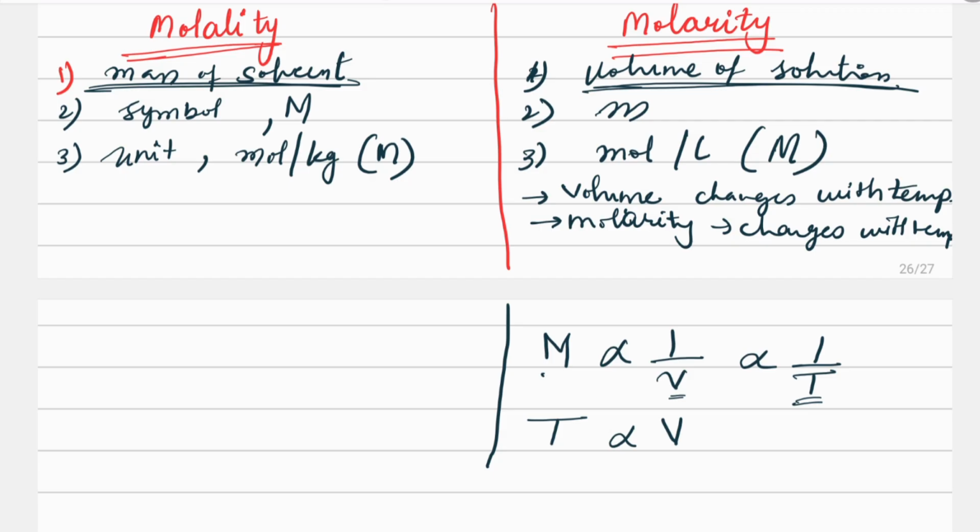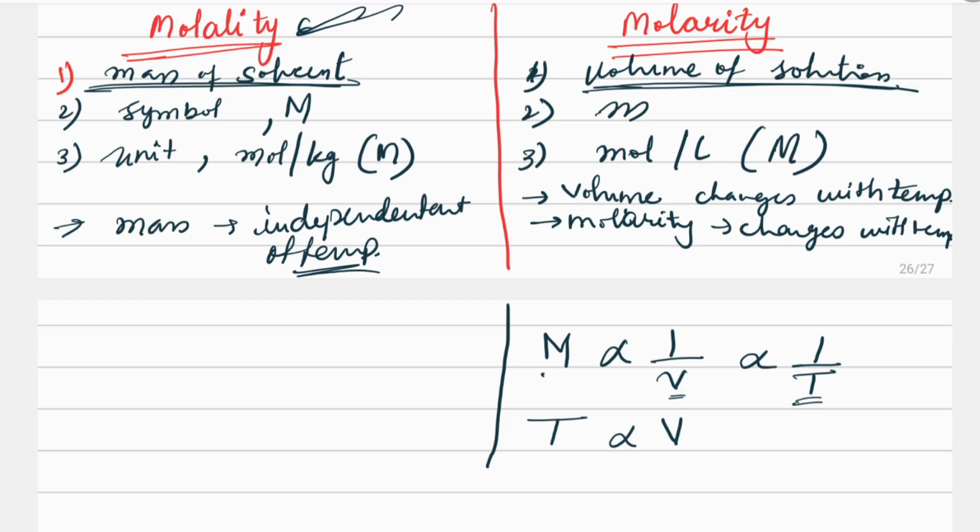So there is a relationship between molarity and temperature. Whereas in case of molality, mass is independent of temperature. So even if the temperature increases or decreases, molality does not change. Okay, molality remains the same.